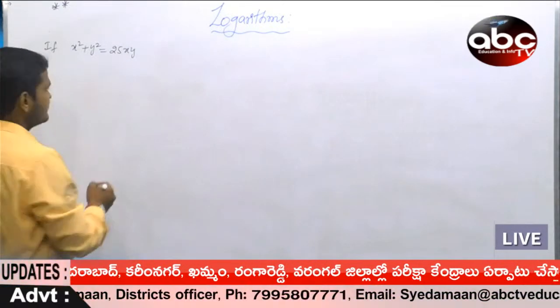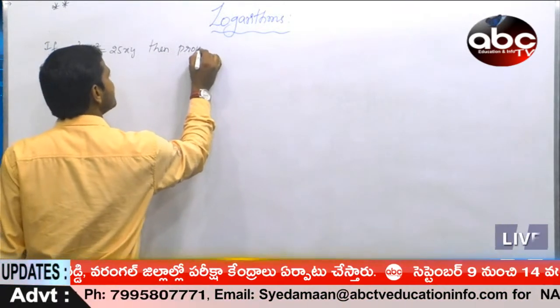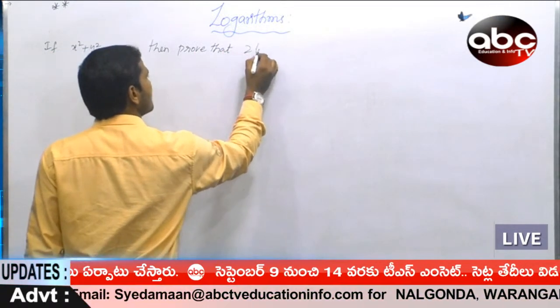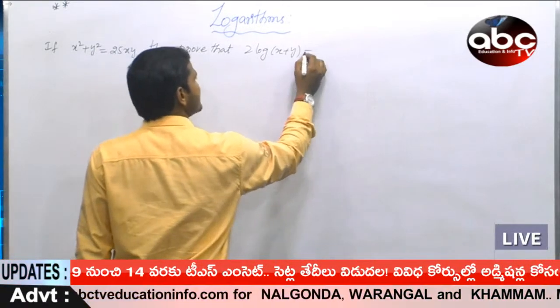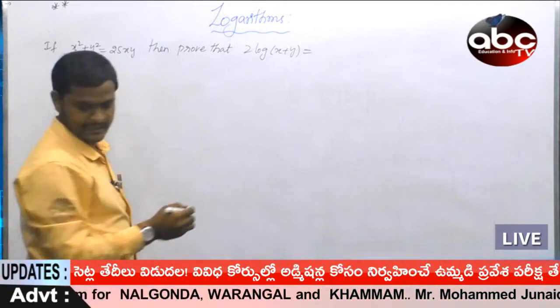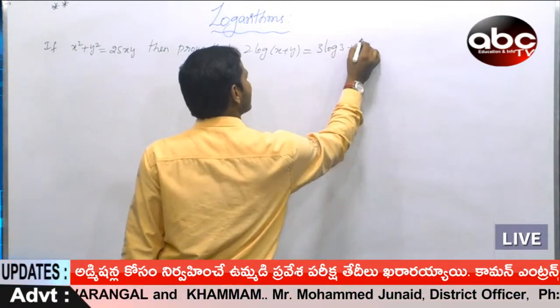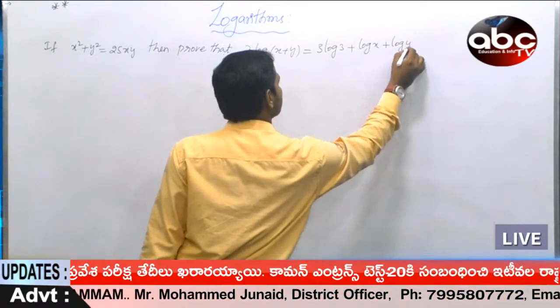Then prove that 2 log (x plus y) is equal to 3 log 3 plus log x plus log y.